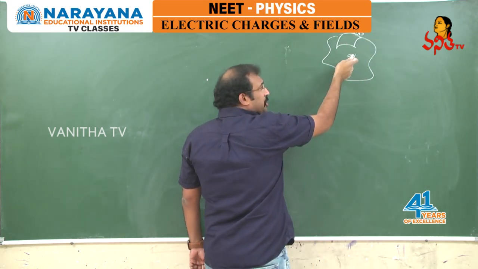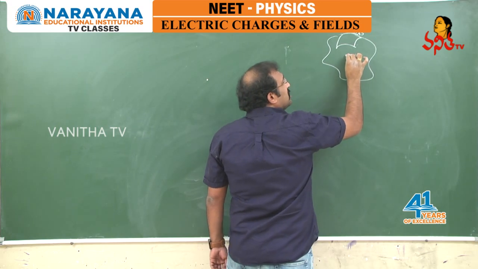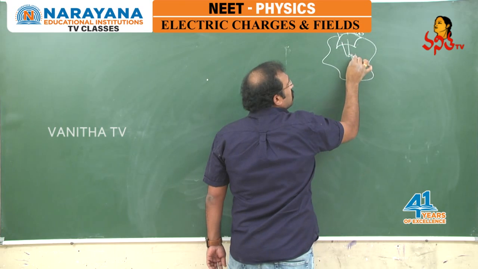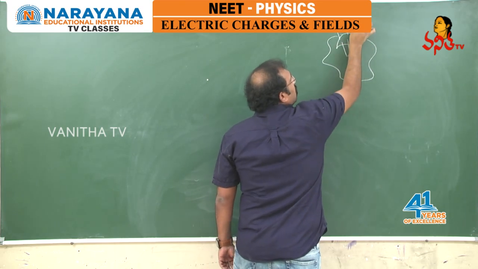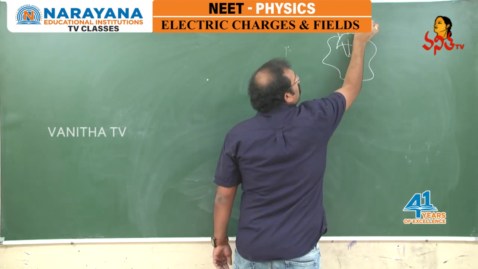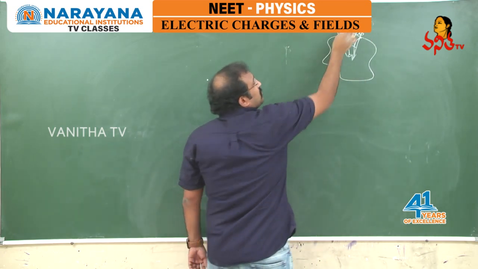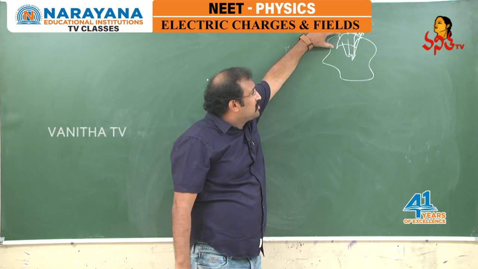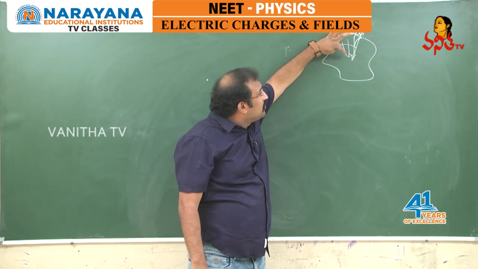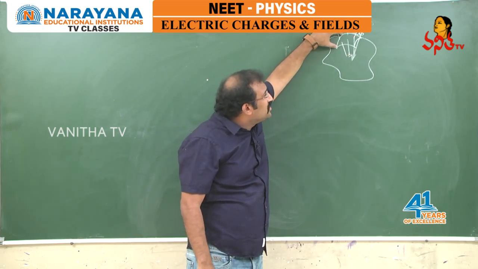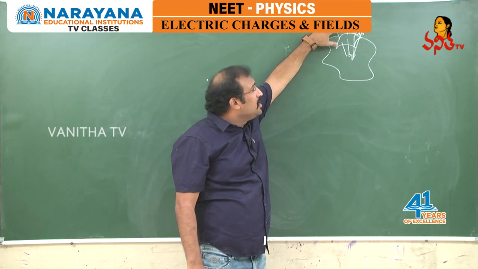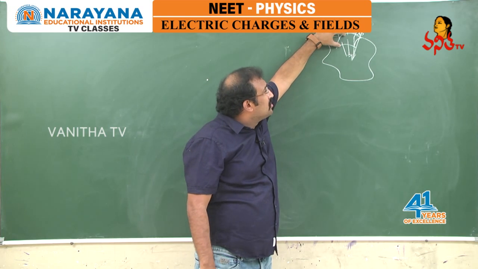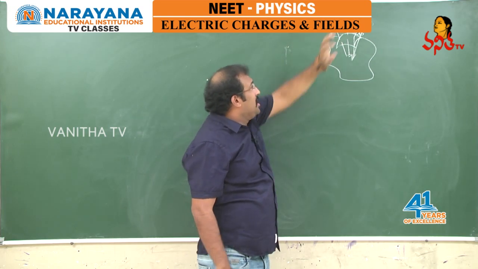There is an electric field due to this charge, whose electric lines of force pass through this surface like this. Then the electric flux due to the electric field of this charge is obtained by integrating the flux through this small area.